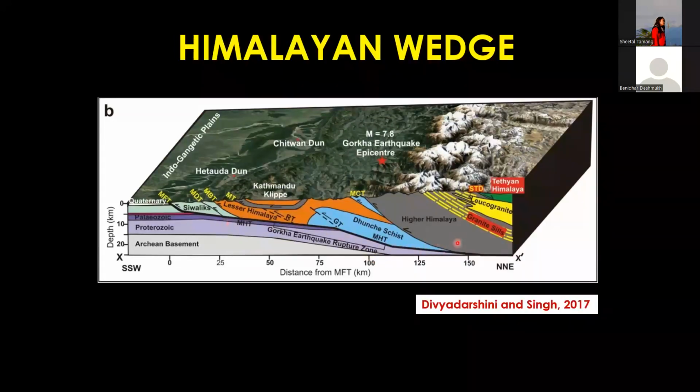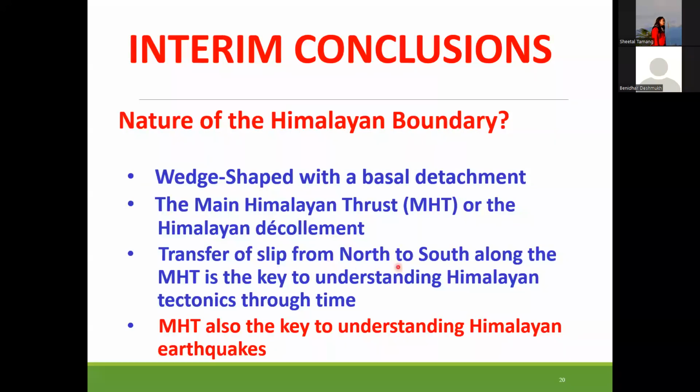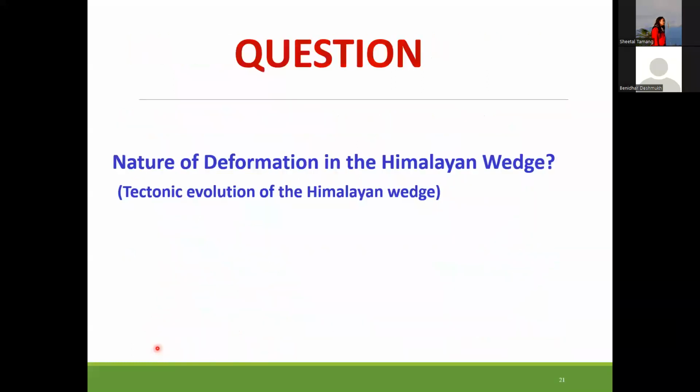Okay, there's motion along this fault of the material that sits on top of it from back all the way to the front. Okay, and that transfer of slip from north to south along the main Himalayan thrust is the key basically to understanding the Himalayan tectonics through time. And the main Himalayan thrust is also the key to understanding Himalayan earthquakes. So that's important in terms of Himalayan earthquakes. So we need to understand.